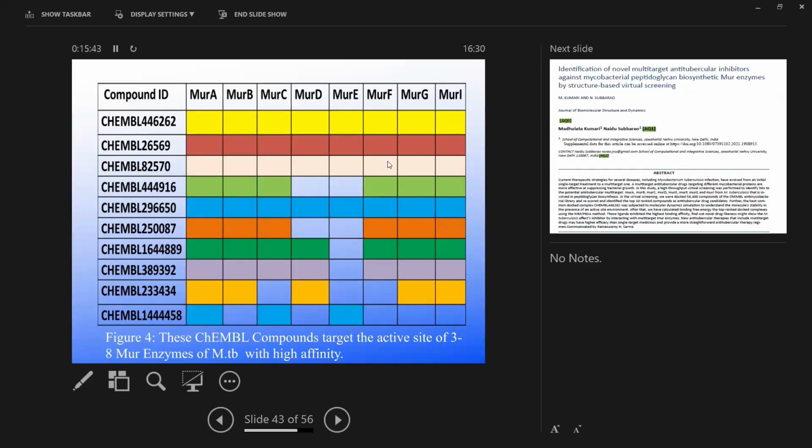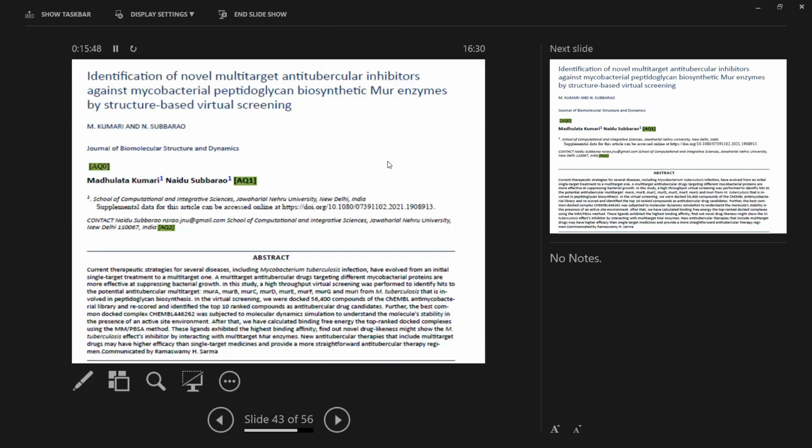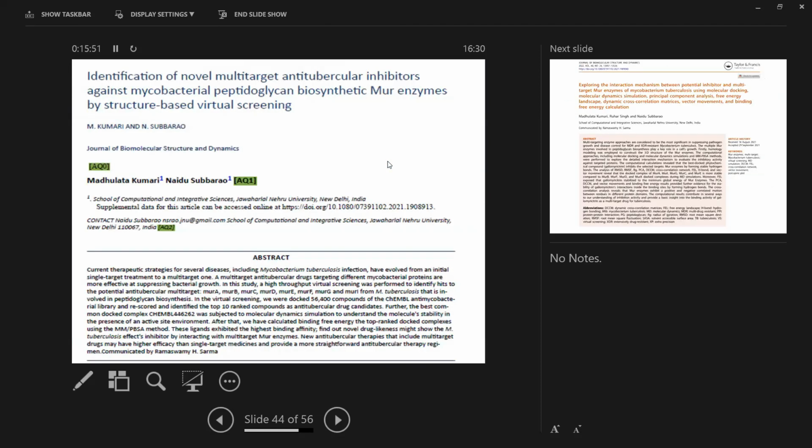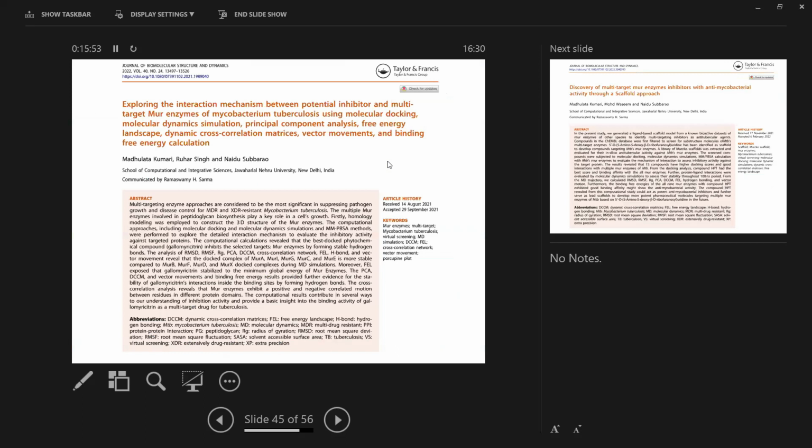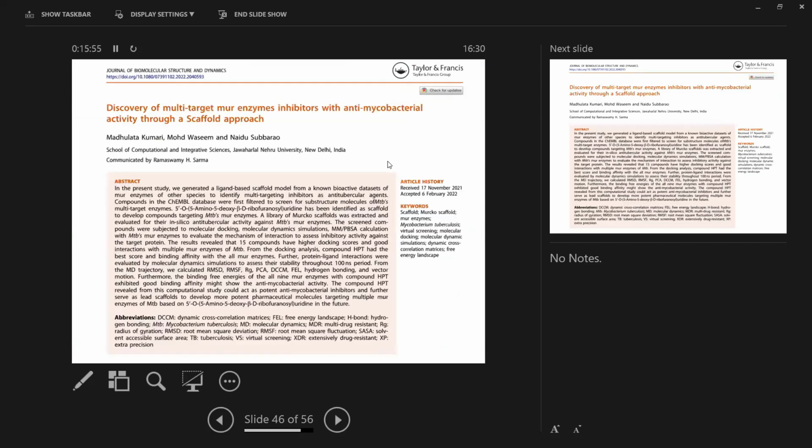These are the compounds which inhibit a class of 3 to 8 enzymes at different levels. And again, we published a paper in JBSD. The other paper in JBSD, a scaffold approach. We published another paper on the Mur enzymes only, finding novel molecules for antimalarial and tuberculosis.